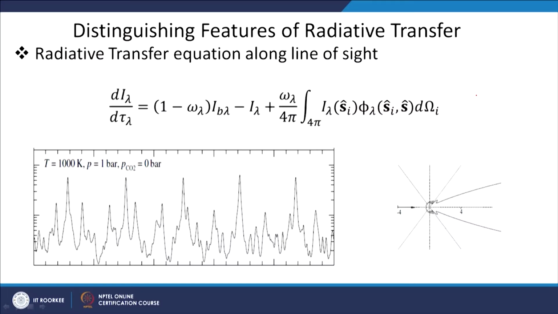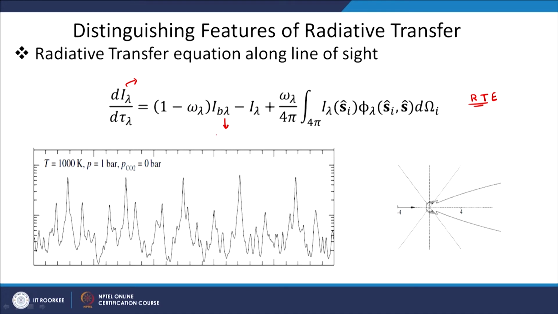So, this is the equation of radiative transfer, which we will derive in one of the lectures. If you look at the number of variables here, we have the dependent variable as intensity and then we have wavelength.